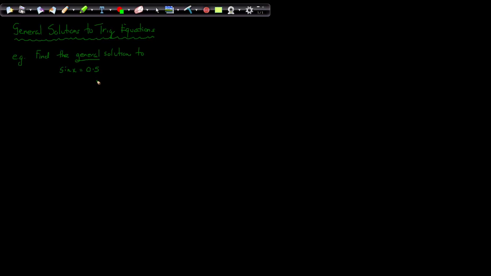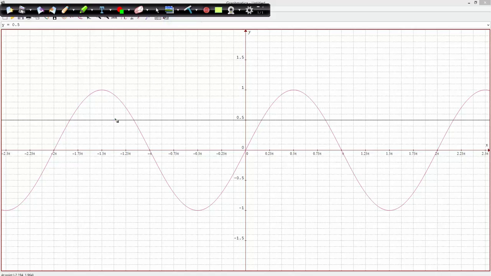As we looked at last time, what I've got graphed here is the sine function and the line y equals a half. So what we were trying to solve was: when does sine x equal 0.5?